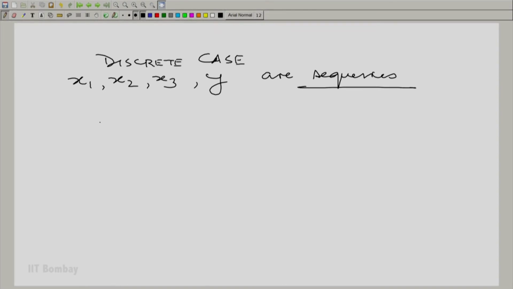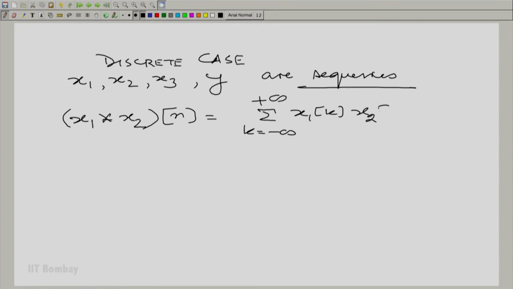whereupon we first consider x1 convolved with x2 evaluated at n, and that is summation k going from minus to plus infinity x1 k x2 n minus k.